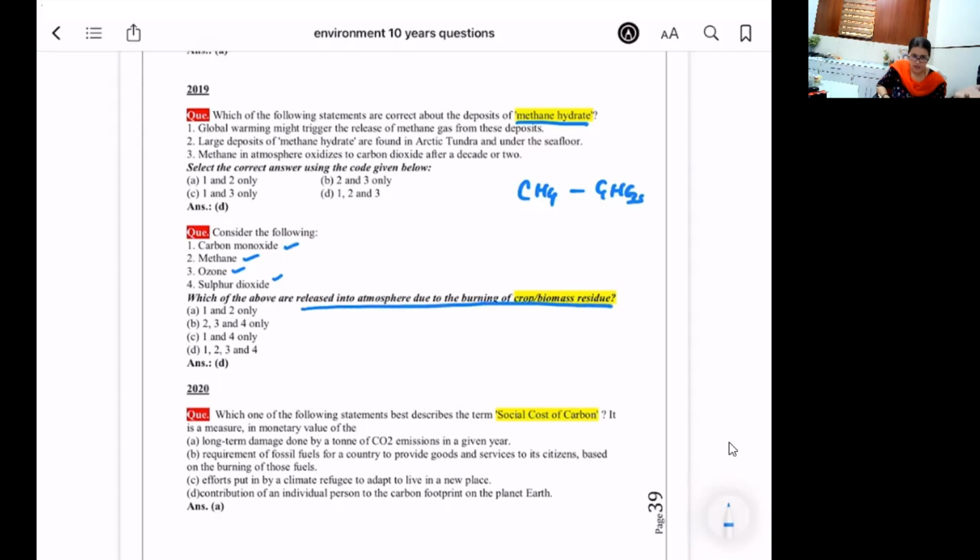It's about pollution, isn't it? When I'm talking about air pollution, we take this into consideration. But what you need to understand is that most of them, sulfur dioxide, ozone, methane, can be taken up as changes in atmospheric composition leading to change of climate.